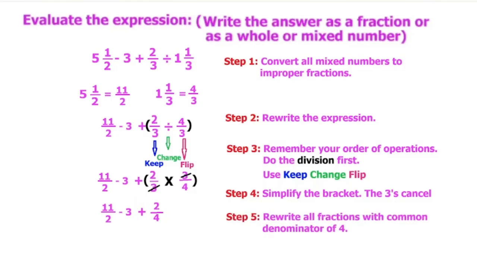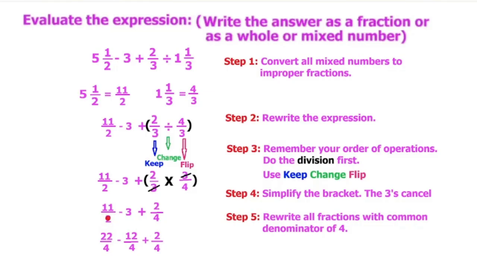So now we rewrite all the fractions with common denominators of 4. Okay, because 4 is common to 2/4, and then there's this whole number, if you write it as a fraction, 3/1, then also the common denominator for that one would be 4. So if we make this the common denominator of 4, what do you do to the bottom to make it 4?